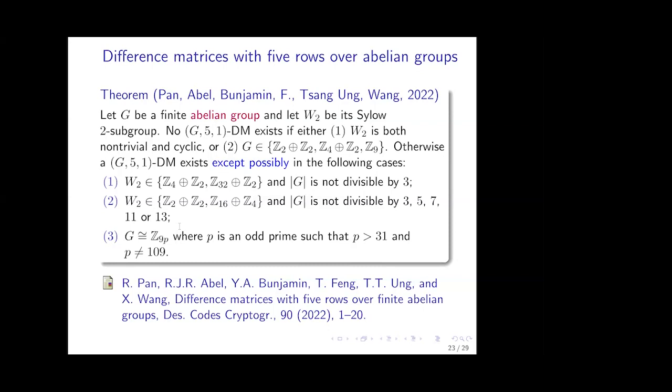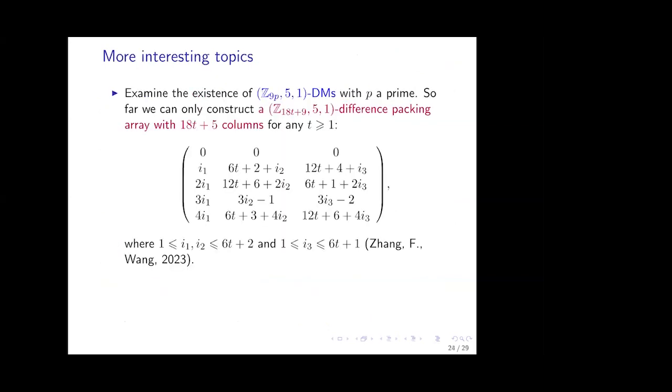That means in this case, 18t plus 9, it is still open, because we gave direct constructions for the same parameters with 4 rows. So a natural question is whether we can use the same technique to solve the 5-row case. But we failed. We didn't succeed.